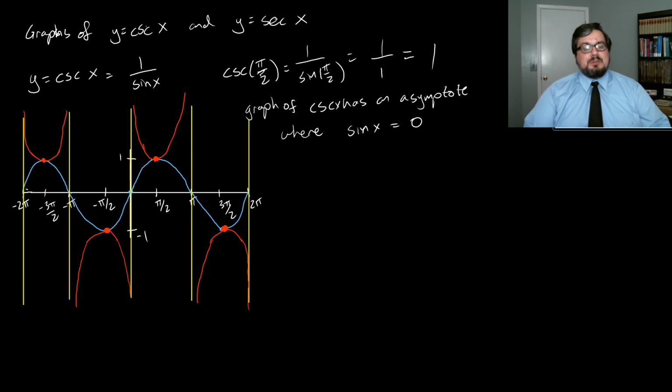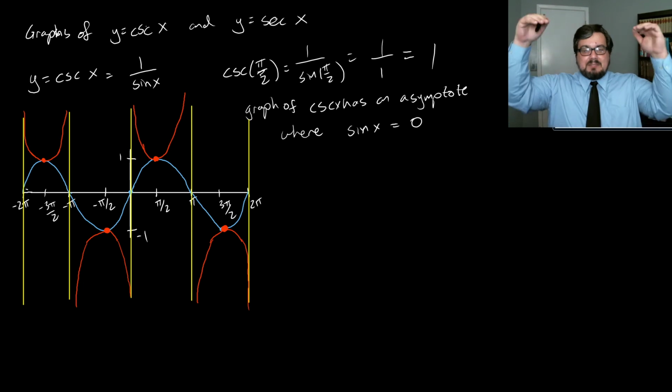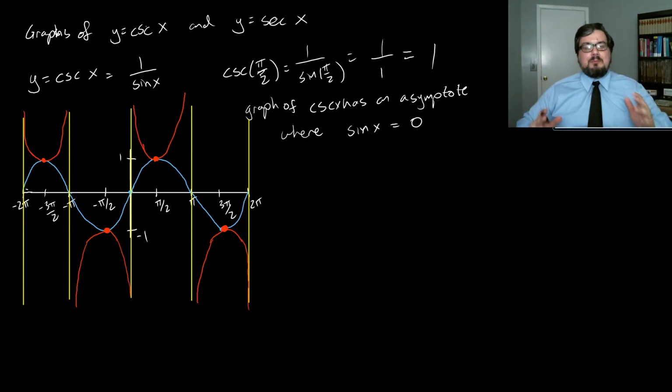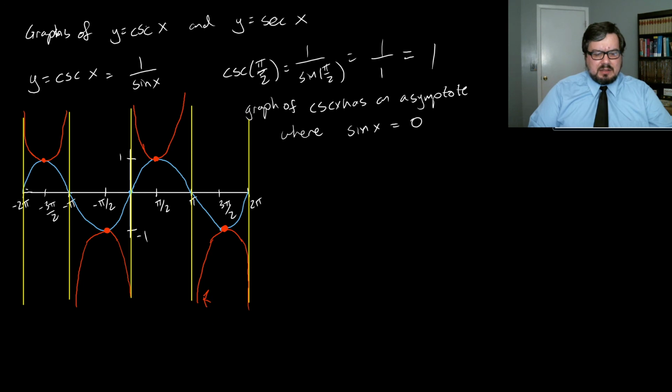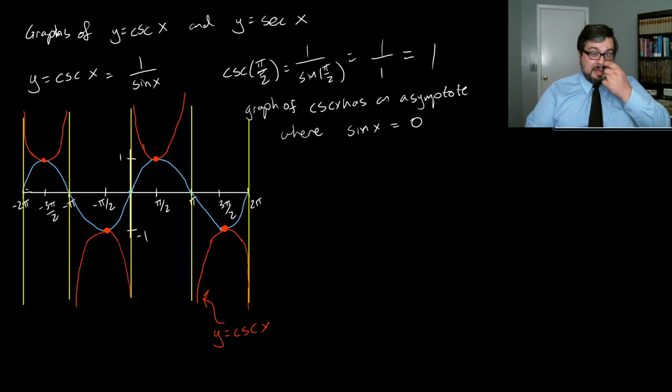So the graph of cosecant makes these valleys coming down from infinity above and these peaks coming up from infinity below, and matching with the graph of sine. So in this sketch, the red is the graph of cosecant x, and we build it out of the graph of sine x, which is in the blue.